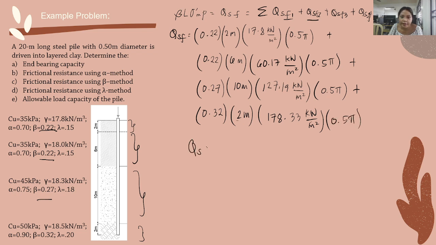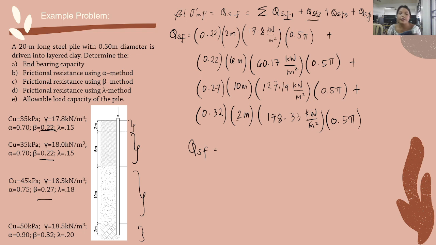So, total, if you calculate that, you can have 0.22 times 2 times 17.8 times 0.55 plus 0.22 times 6 times 60.17 times 0.55 plus 0.27 times 10 times 127.19 times 0.55 plus 0.32 times 2 times 178.33 multiplied by 0.55.